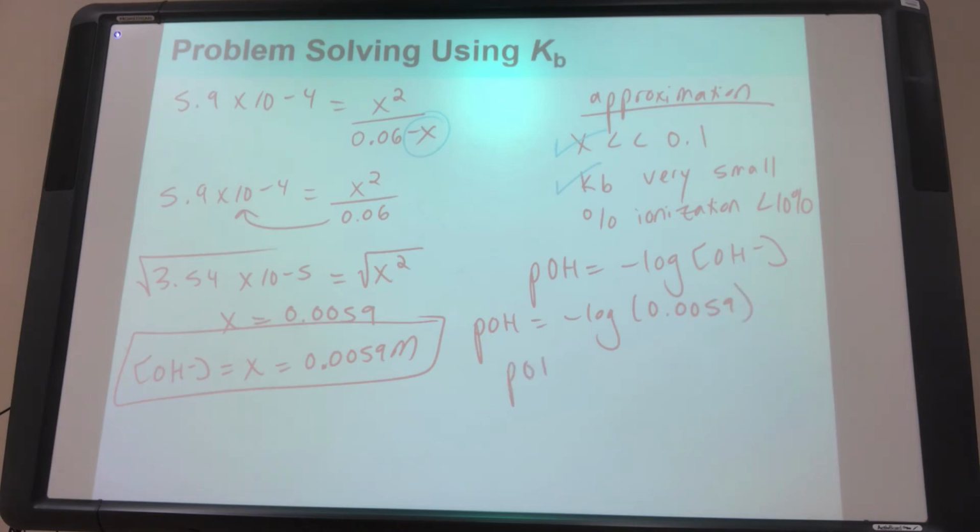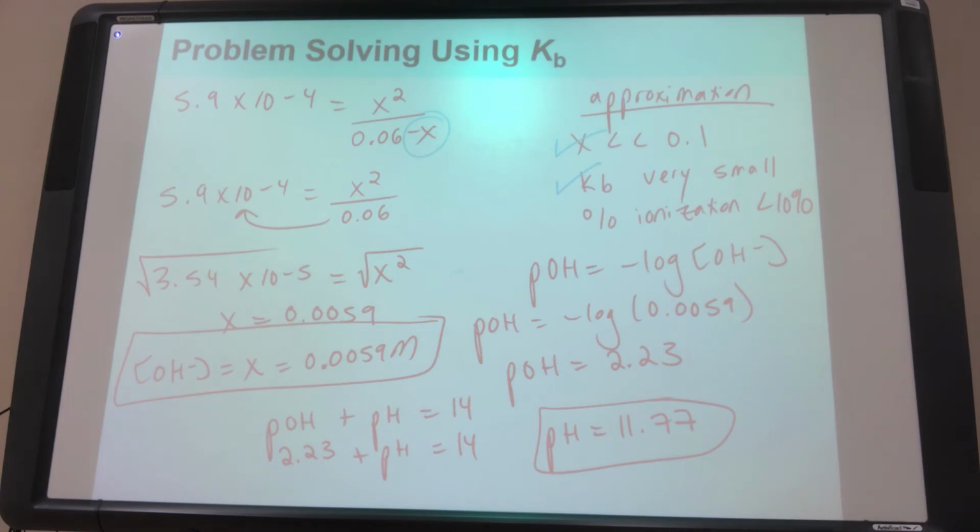You get your pOH to be 2.23. So then we want the pH. Well, we need pOH plus pH is equal to 14. So this is 2.23. So my pH is going to be 11.77.